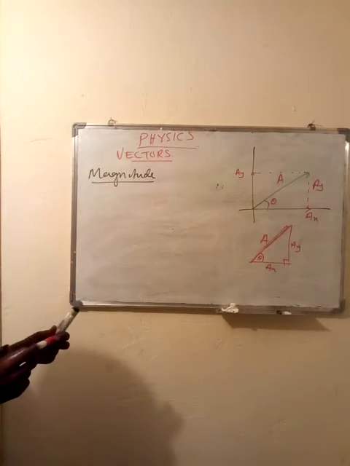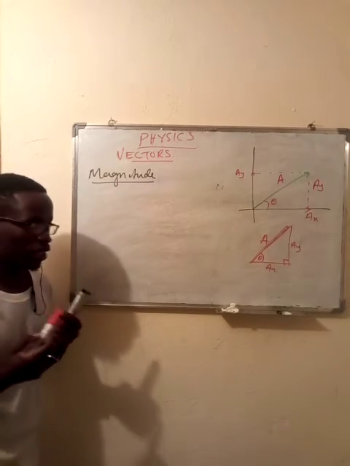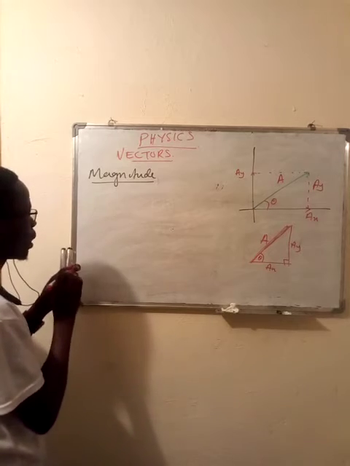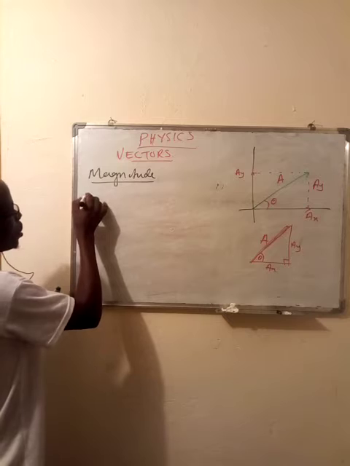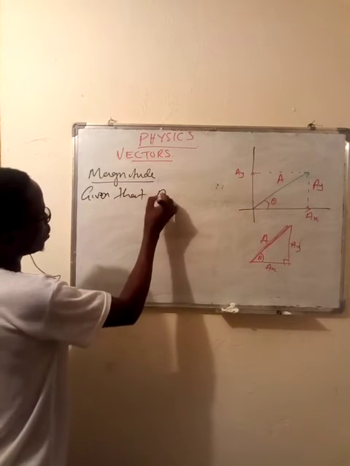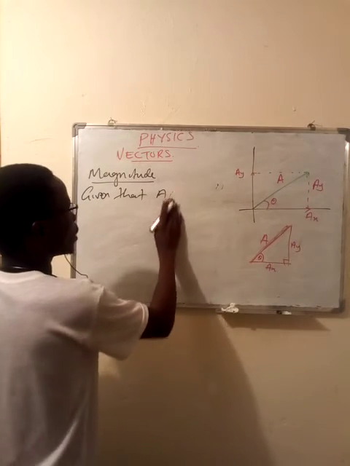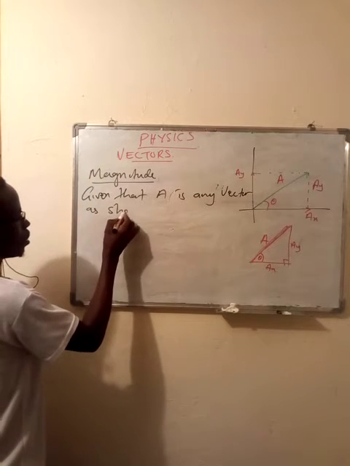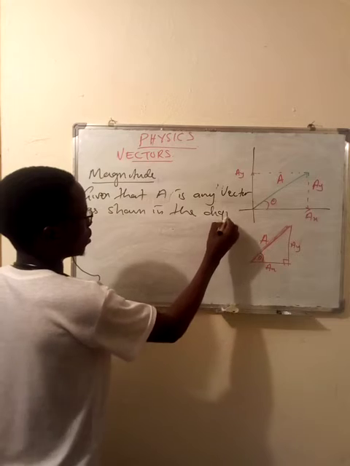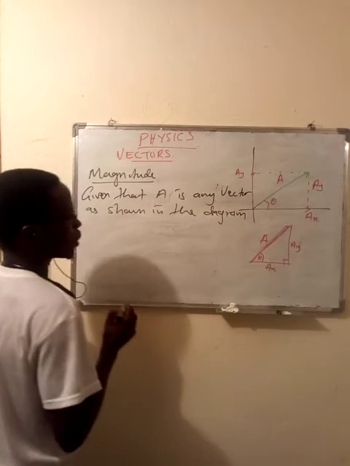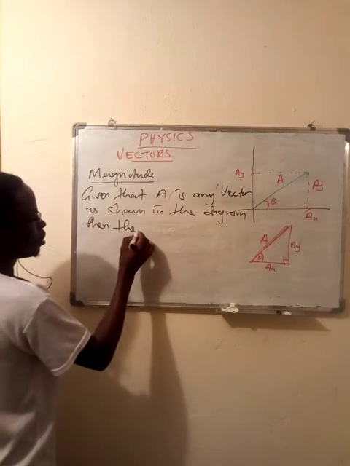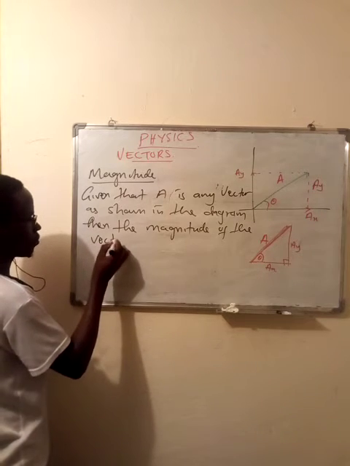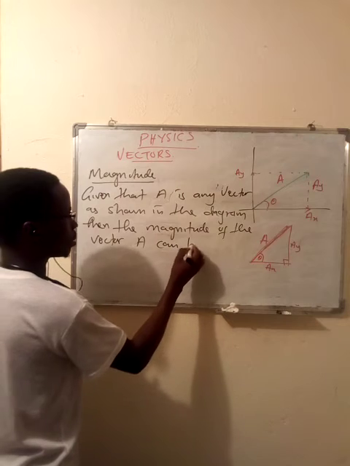We say that the magnitude of a vector is denoted as, given that A is any vector, as shown in the diagram, then the magnitude of the vector A can be calculated using the Pythagoras theorem.